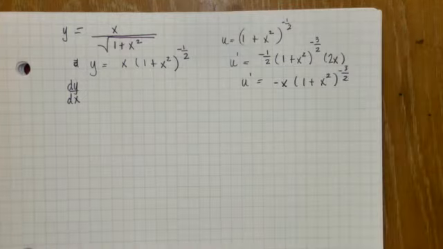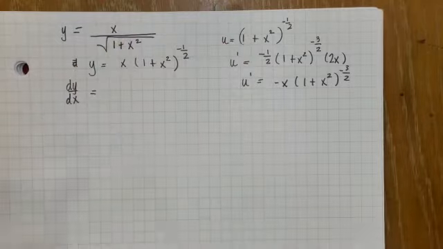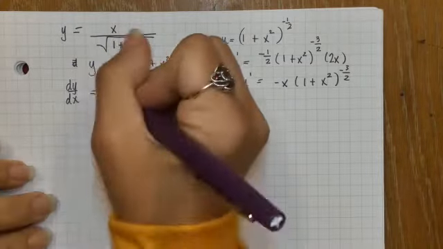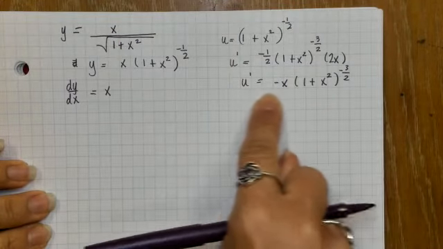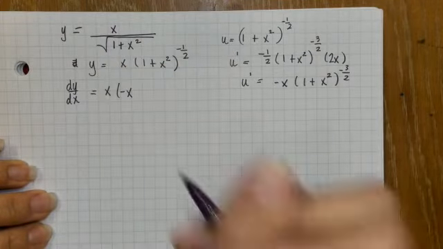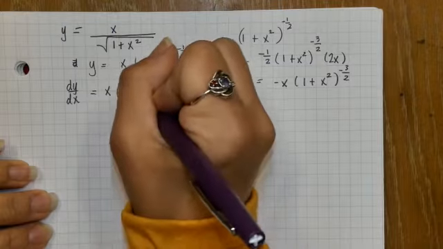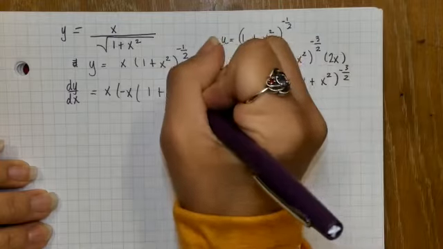So, feel free to use the quotient rule, but I find that when I use it, I always mess up the denominator with the subtraction. So feel free. I'm going to use the product rule. It's going to be x times the derivative of 1 plus x squared to the negative 1/2, which we just found is negative x times 1 plus x squared to the negative 3/2.